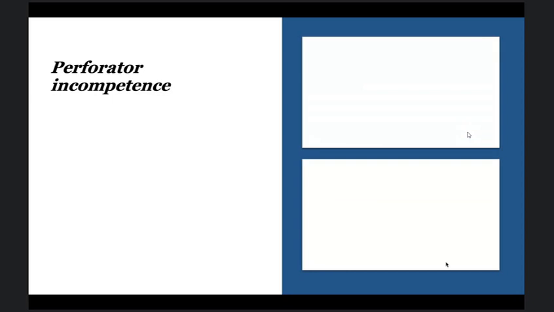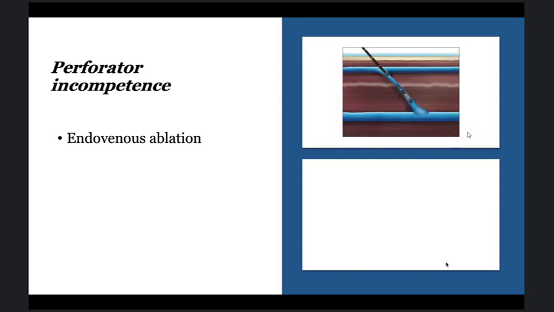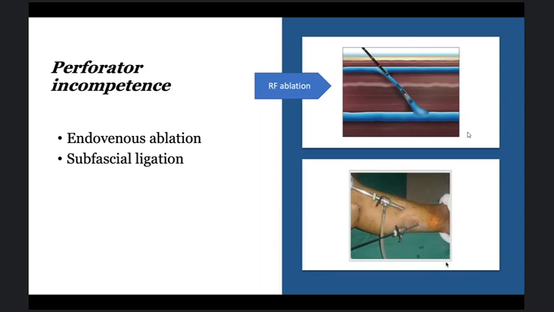Of course. Now, how do we deal with the incompetent perforators? Either endovenous ablation by radiofrequency ablation, or subfascial ligation, endoscopic ligation through an endoscope.